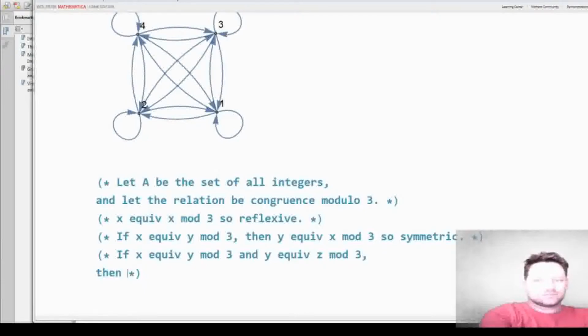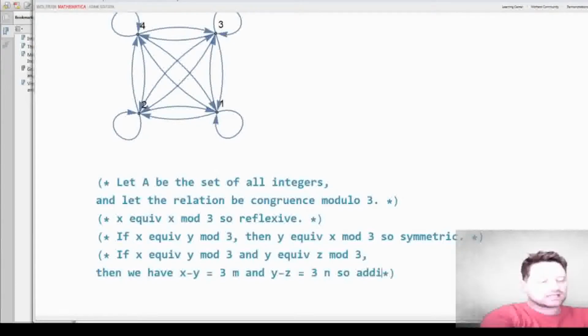Then we have x minus y equal to 3 times m for some integer m. And we have y minus z is equal to 3 times n for some integer n. And so that means that we can add those equations.